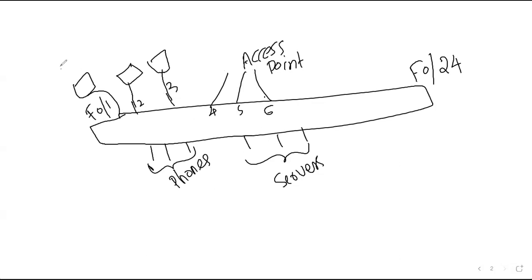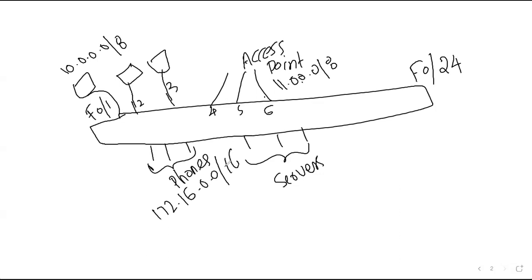For example, if I put the system under the 10 network and the access points, let's say, on the 11 network, and the phones I'm going to use a class B network, and for servers maybe a class C network. So looking at this switch, I have 4 services and each service has a different network.